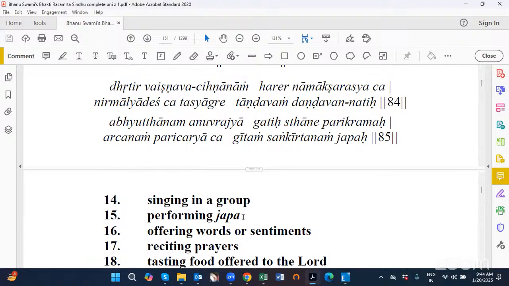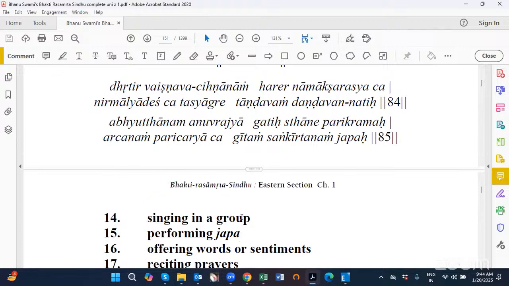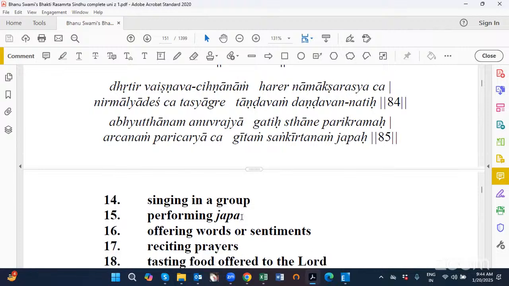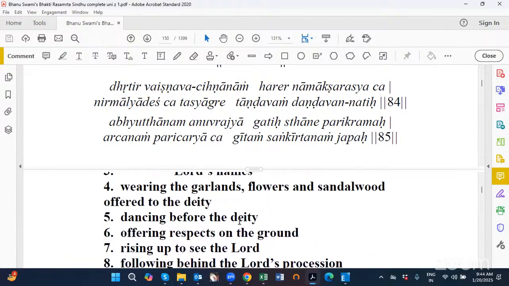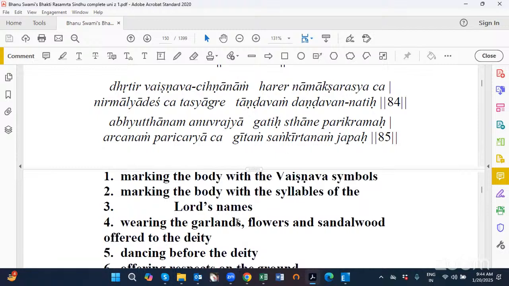1, 2, 3, 4, 5, 6, 7, 8, 9. 9 in this and 5 in the above. Dhriti Vaishnava Chinnam 1, Harinamaskar 2, Nirmalyadascha Tasyagre 3, Tandavam 4, Dandavam 5.